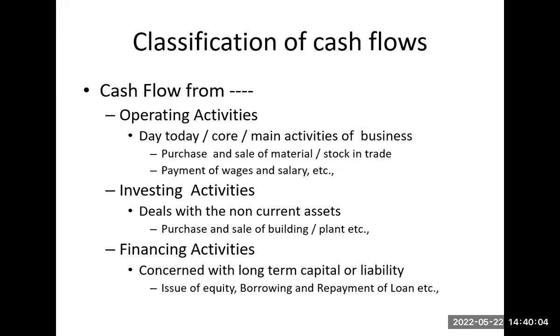Inventory includes three things: work in progress, stock in trade, and raw material. Stock in trade is already a final product. You are buying it from somebody and selling it. Suppose you are a manufacturer of product X. Product Y is in a similar line, but you are not producing it.